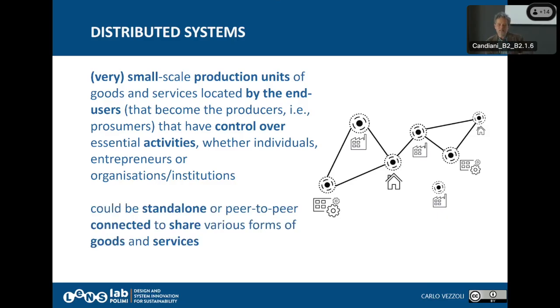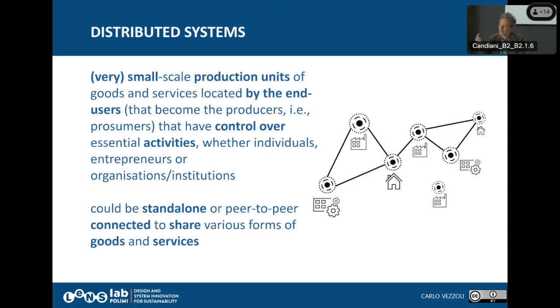Even these could be standalone, like again on the bottom left, or the bottom right, so there is no connection between the different distributed systems, or there could be a system in which there are connections.